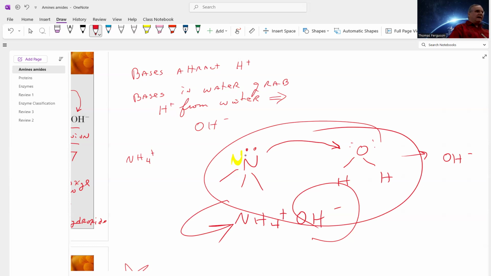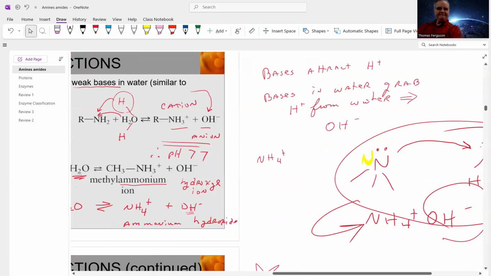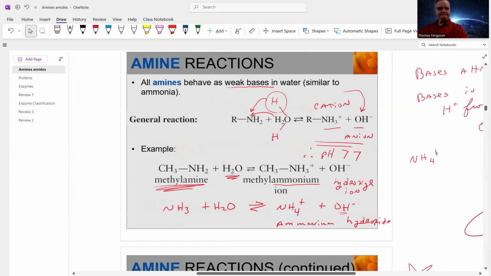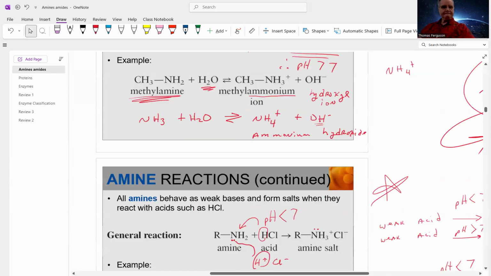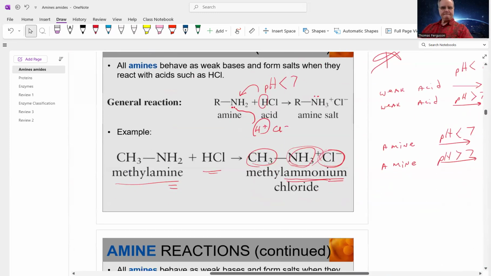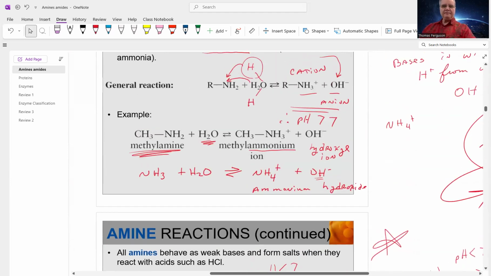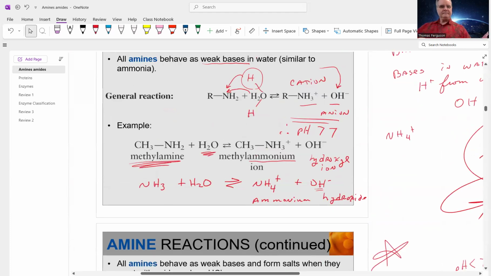If you read the little active ingredients, this is NH4OH, ammonium hydroxide. Okay. So in water, this is what happens.